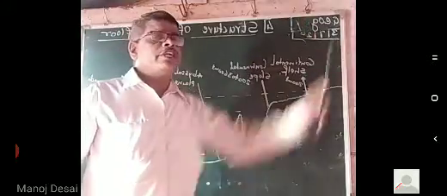There is a mountain, plain, plateaus, desert area. Everything is there in the continent. Just like that, under the sea also we have different geographical structures.